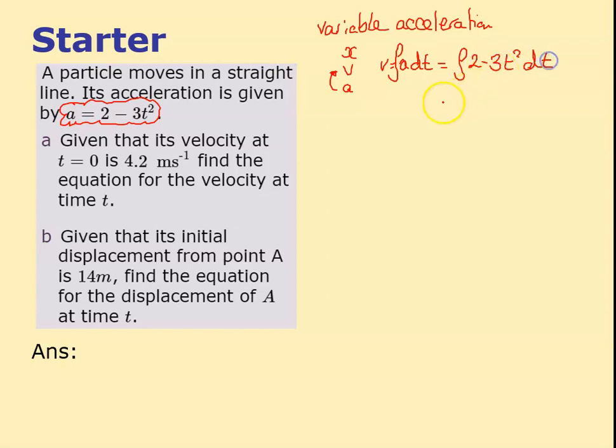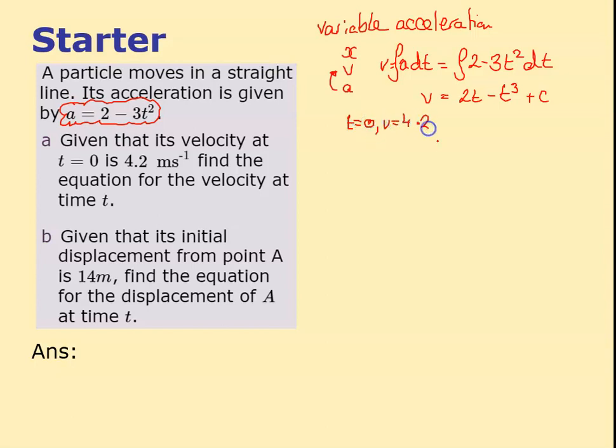And so what do we do? Well, add one to the power and divide by the new power. So 2t, well, again a t. This becomes 3t cubed over 3, or just t cubed. And I suppose I should put a v at the front. I should write plus c at the end. It tells me, though, that t equals 0 when v equals 4.2.